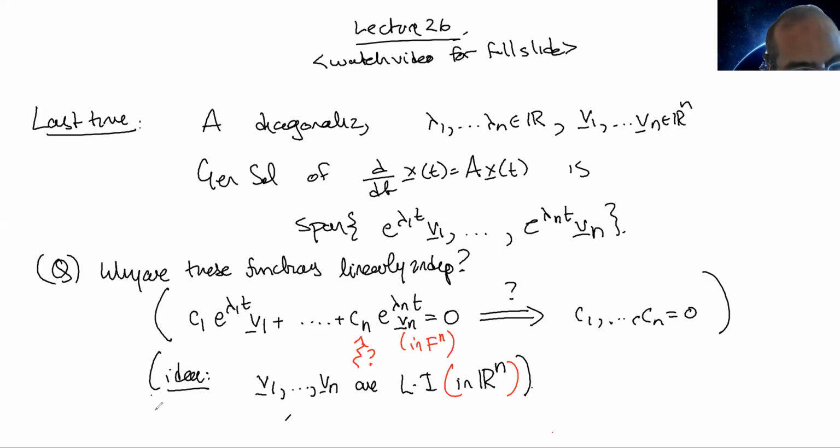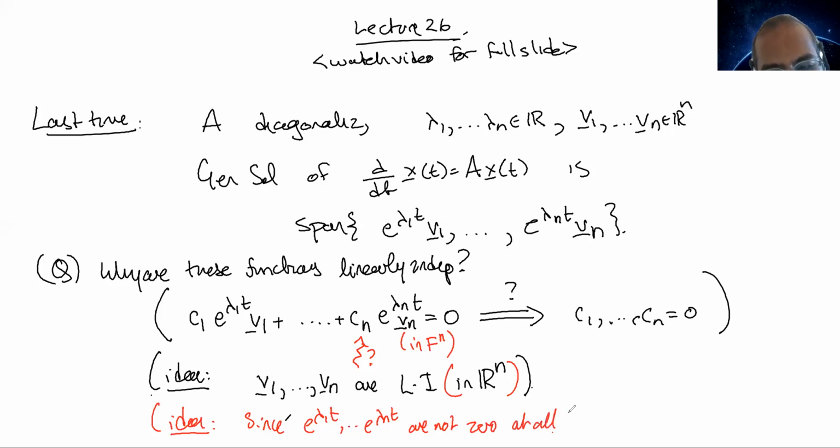Somebody had this idea that since e to the lambda 1 t through e to the lambda n t are not 0 at all t, somehow what's written below explains what's above. That's not true. I don't see the argument there.